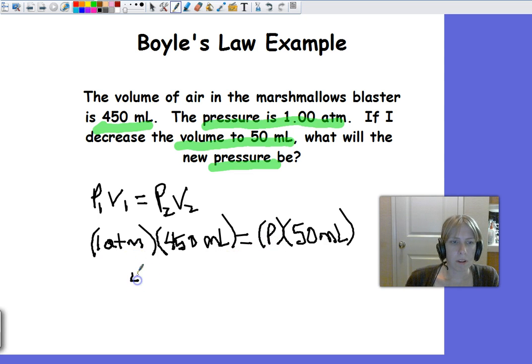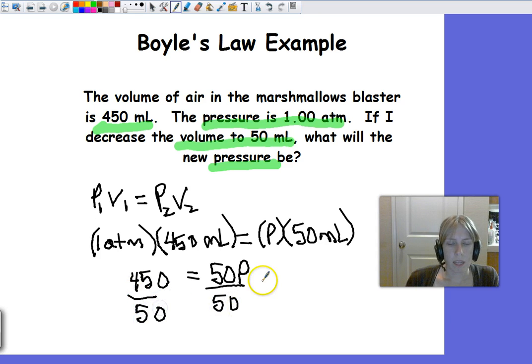Now, when we solve this, I get 450 equals 50 times P, divide by my 50, and that's going to give me P equals 9 ATMs.